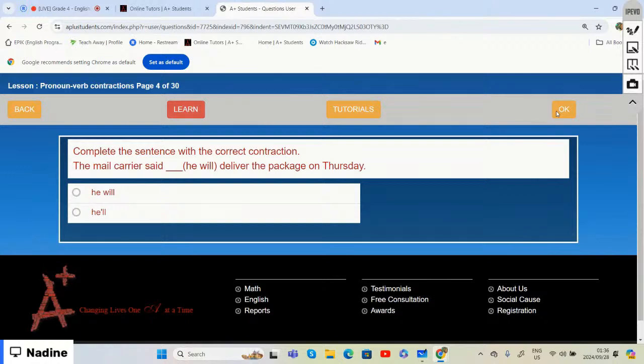The next one says, the mail carrier said he will deliver the package on Tuesday.